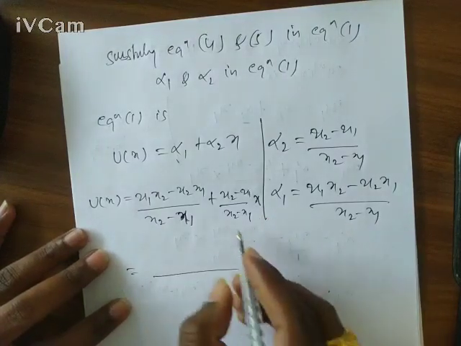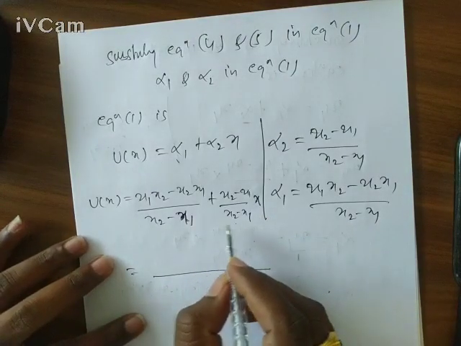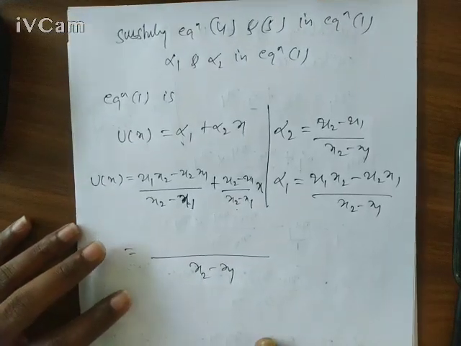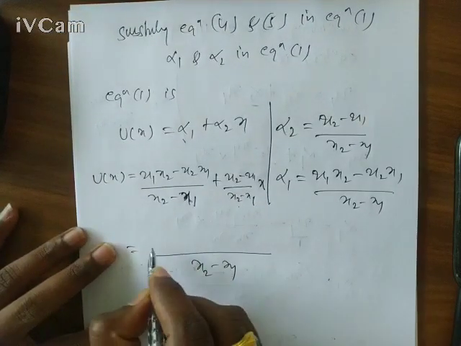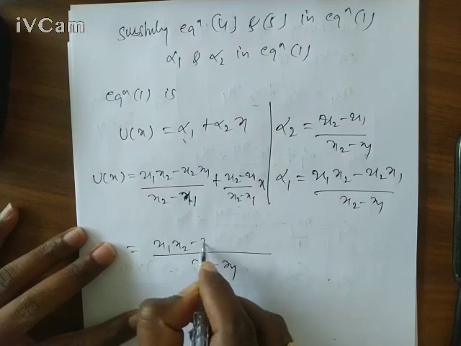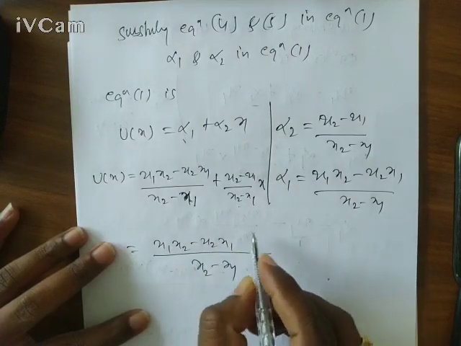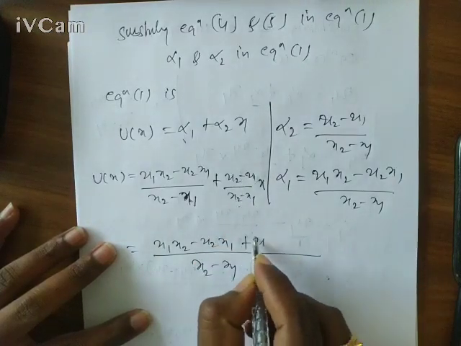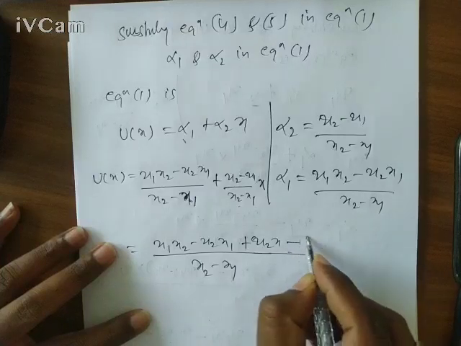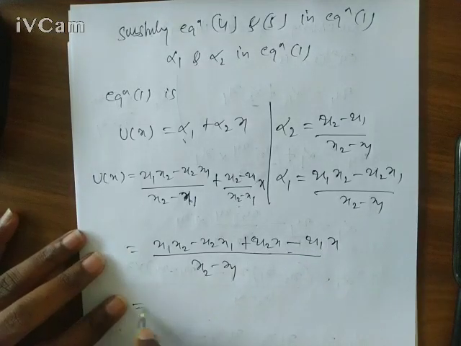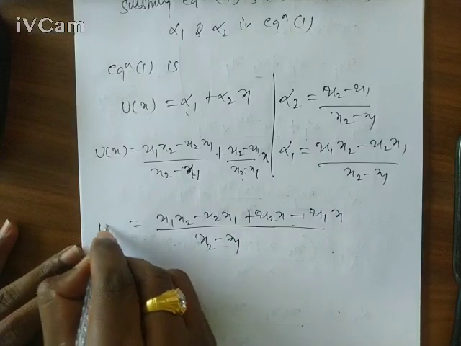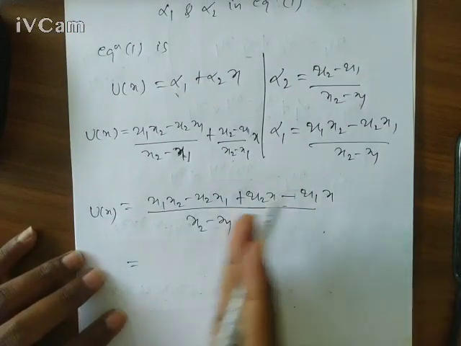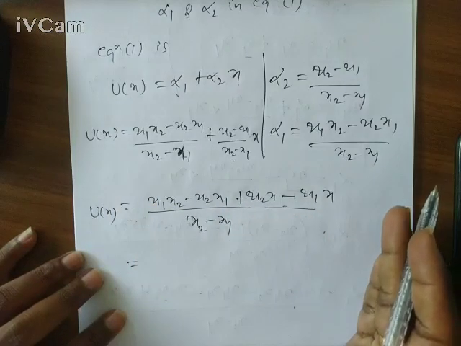Since this term is common, I am going to take the LCM as x2 minus x1. Next, u1 x2 minus u2 x1, and I multiply x into this term, so plus u2 x minus u1 x. Now I take u1 separately and u2 separately.